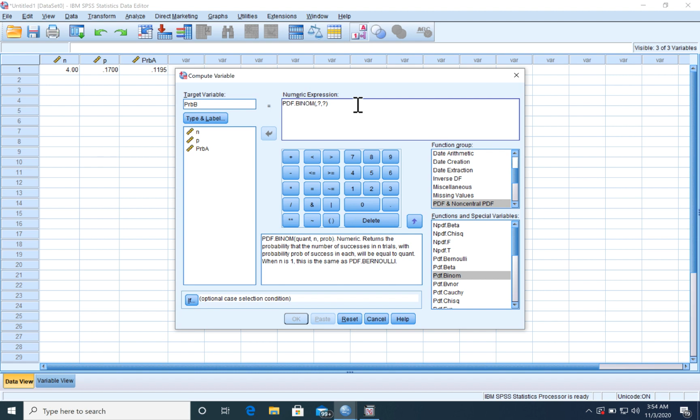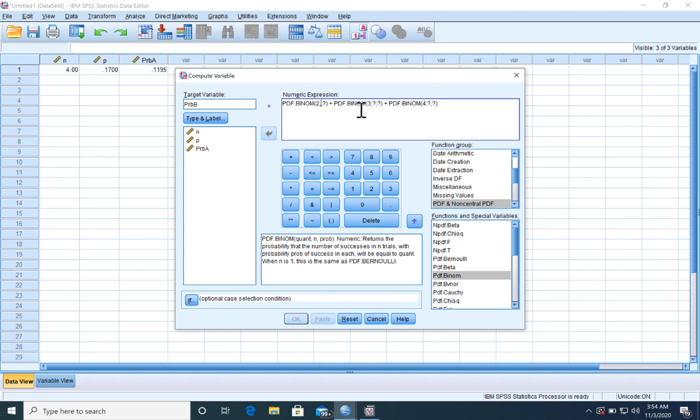So what we need to do is the probability of 2 of them plus the probability of 3 saying yes in that survey, plus the probability of 4 of them saying yes. So it will look like this. Now I just have to replace these question marks with what's indicated here.